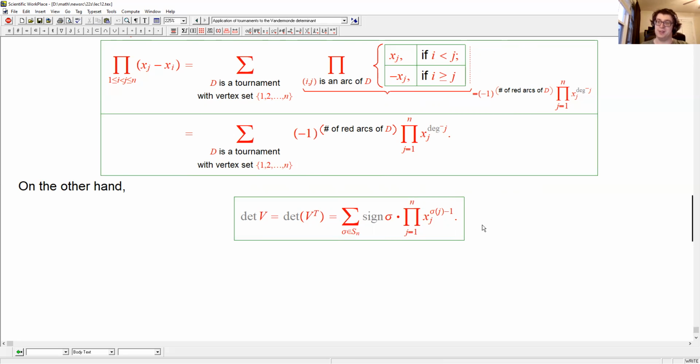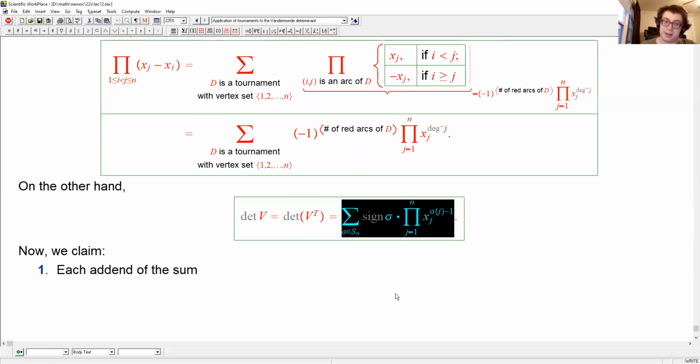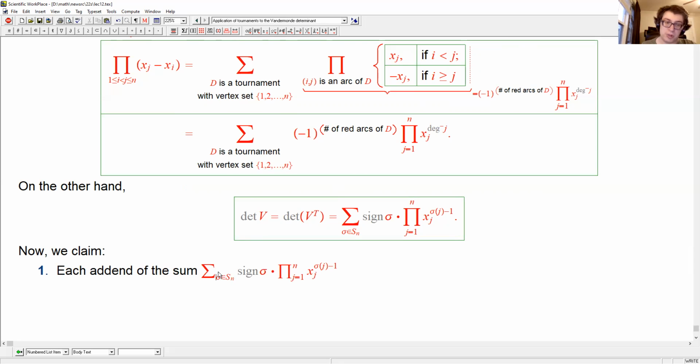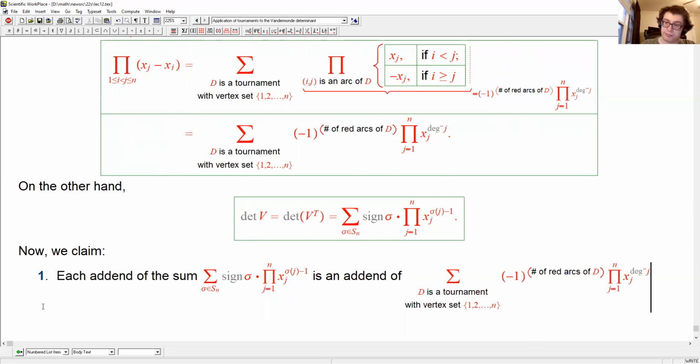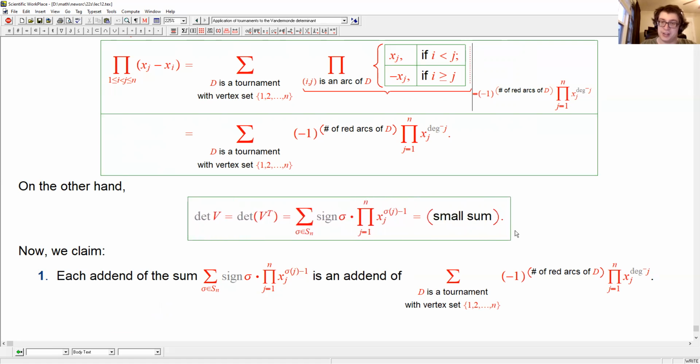Now, there are a lot of things to show here. So here is the first. Each addend of this sum is actually in the other sum as well. So I'm going to call this the small sum, and I'm going to call this the big sum.